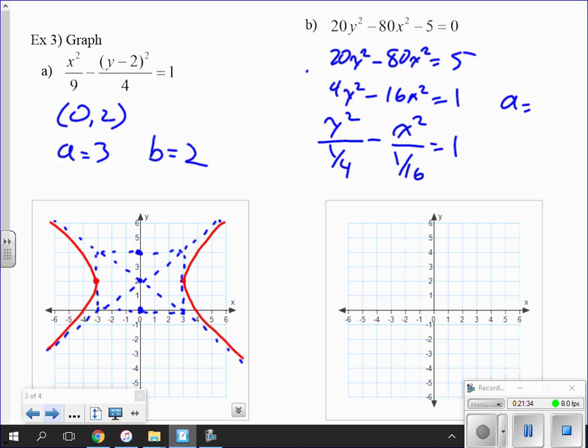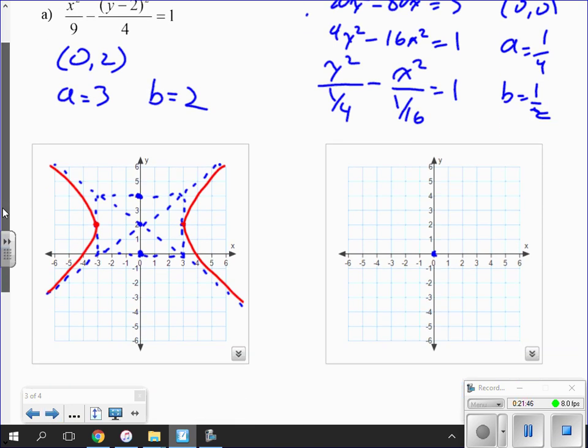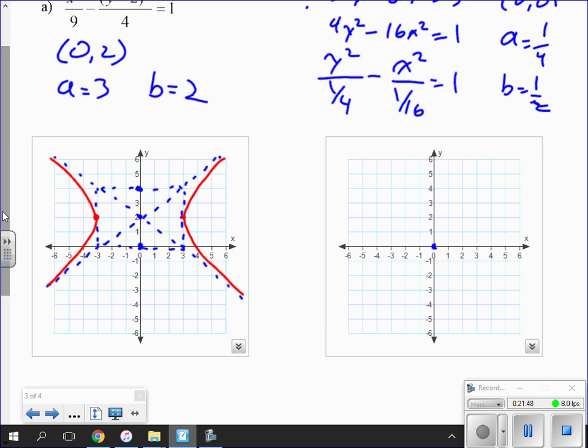So A is 1/4, B is 1/2, and it's centered at the origin. Let's just say that instead of those being 1s and 2s and 3s, let's make it 4s. So instead of being 1, 2, 3, it's 1/4, 2/4, 3/4. Can we all agree to that?